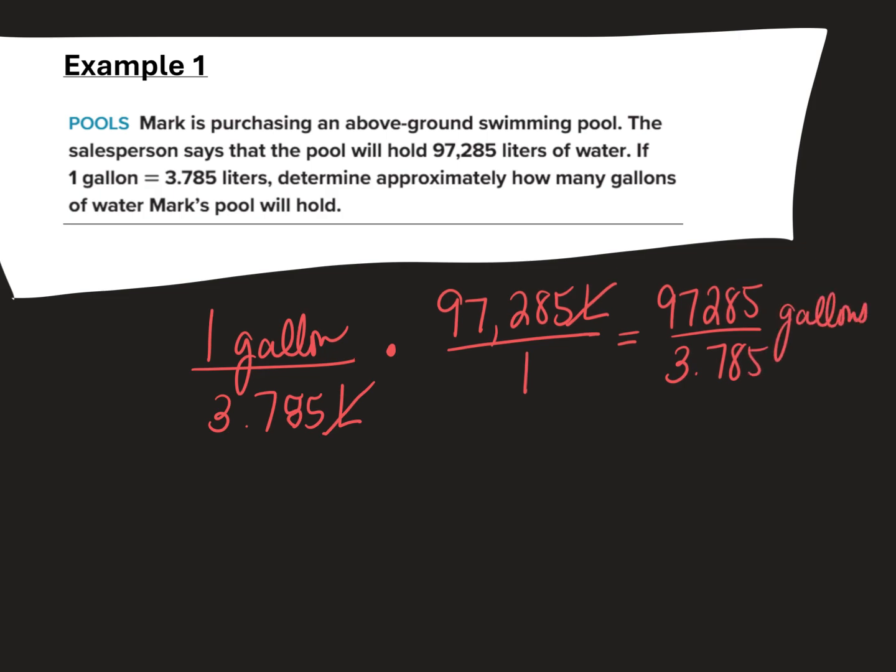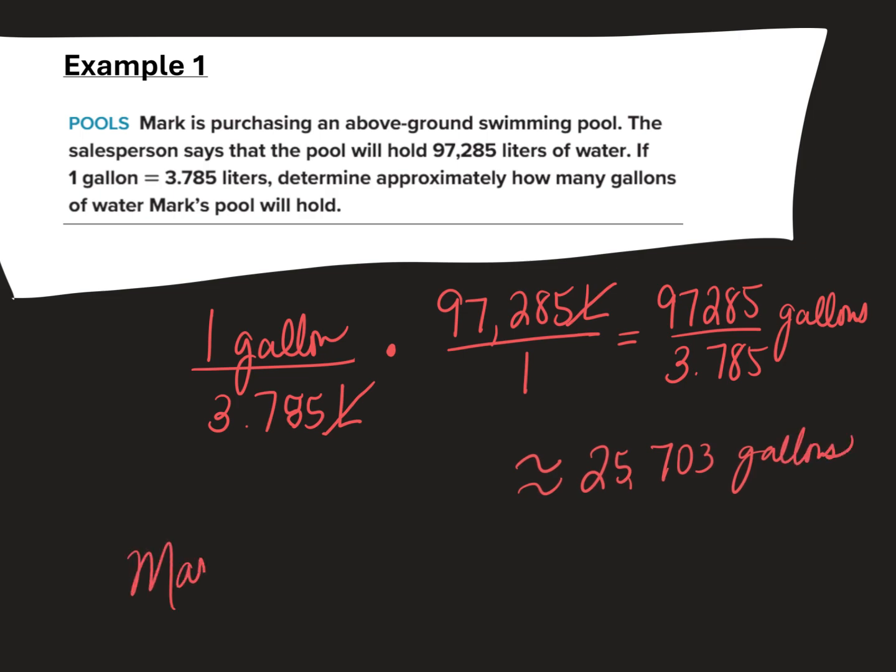I did not expect you to not do this with a calculator. And so when you type 97,285 divided by 3.785 into a calculator, you're going to get approximately 25,703 gallons.